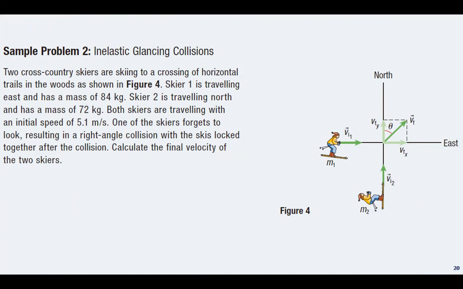Skier number 1 is traveling east and has a mass of 84 kilograms, while skier number 2 is traveling north and has a mass of 72 kilograms. Both skiers are traveling with an initial speed of 5.1 meters per second. One of the skiers forgets to look, resulting in a right angle collision with the skis locked together after the collision. Calculate the final velocity of the two skiers.